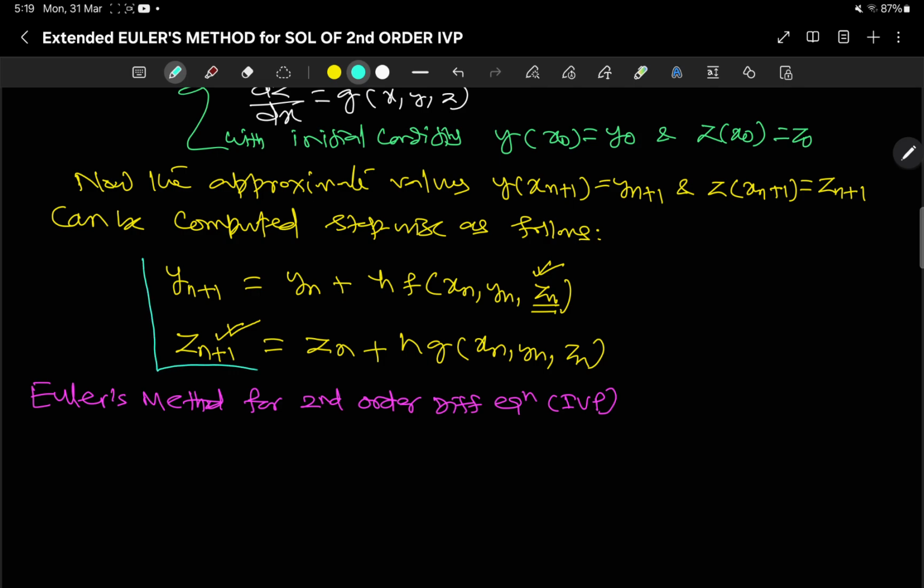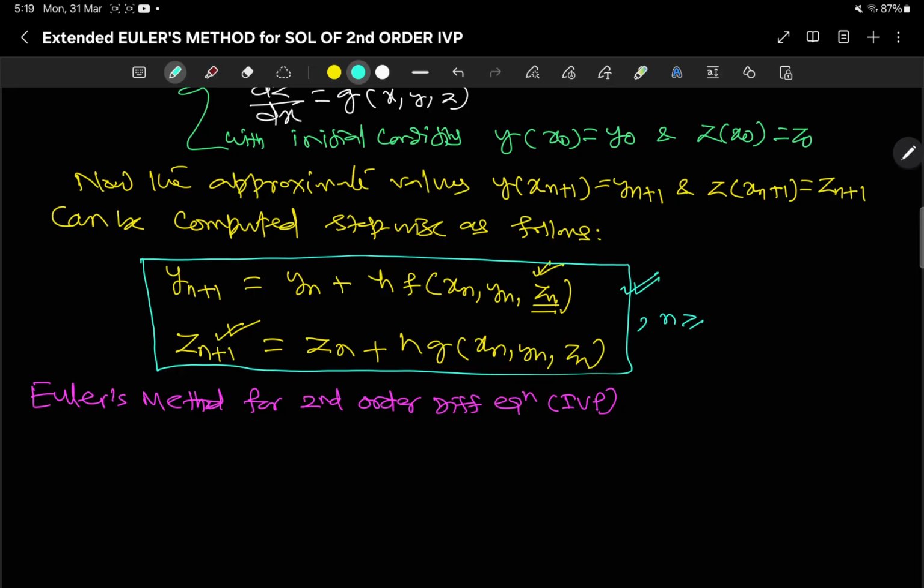So the formula for the extended solution by Euler's method for solving a pair of equations is like this, for n greater than or equal to 0.